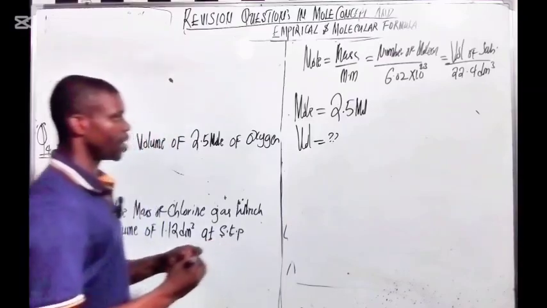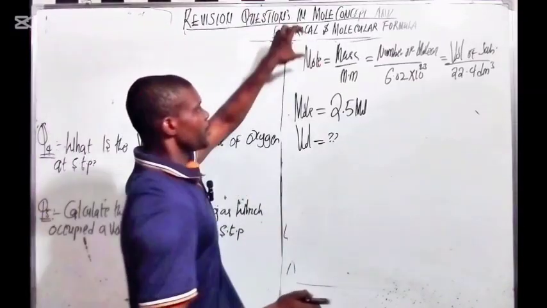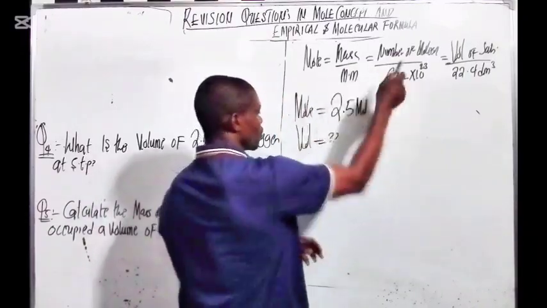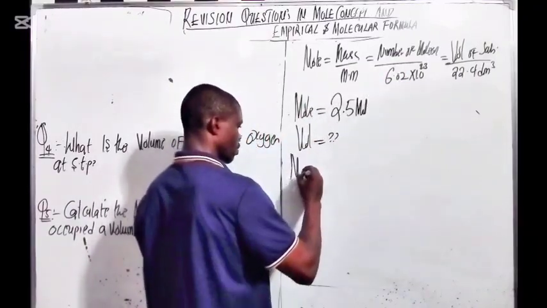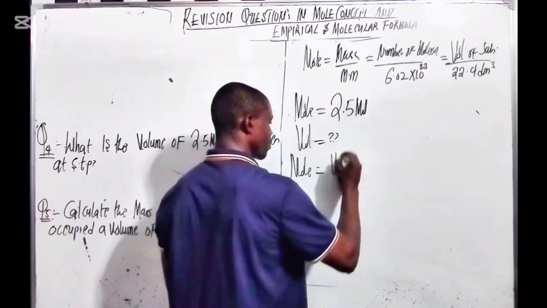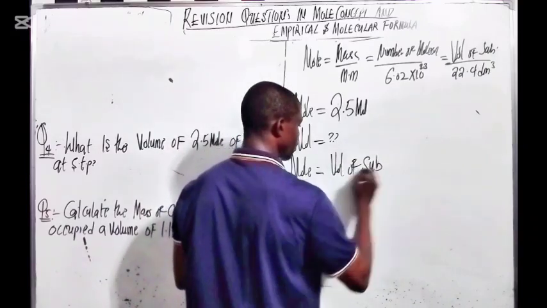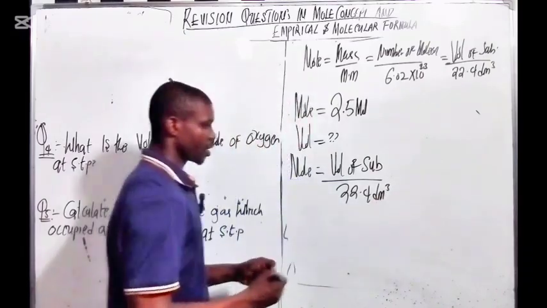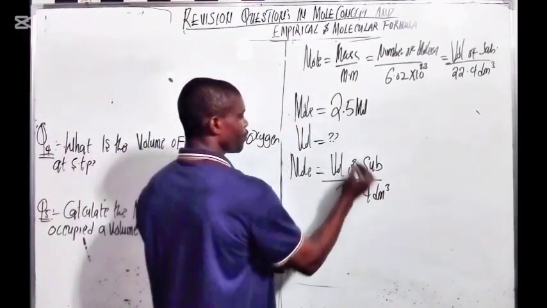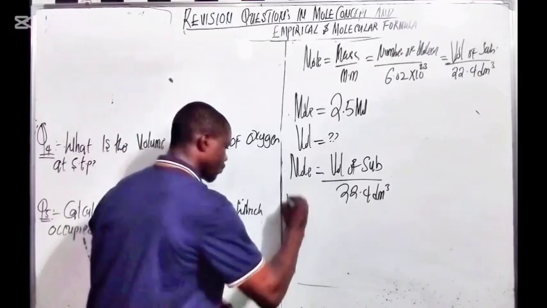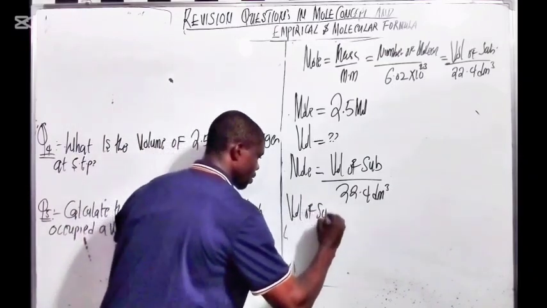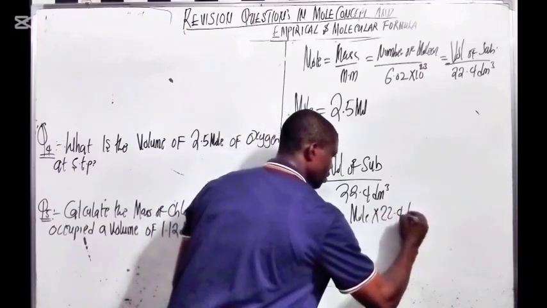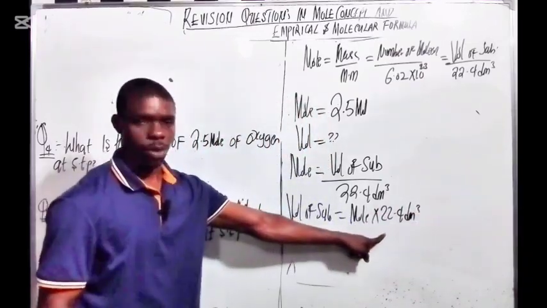So we are going to use mole equals volume of substance over 2.4 dm³. If I make the volume of substance the subject of the formula, volume of substance equals mole times 2.4 dm³. Hope you are following here.